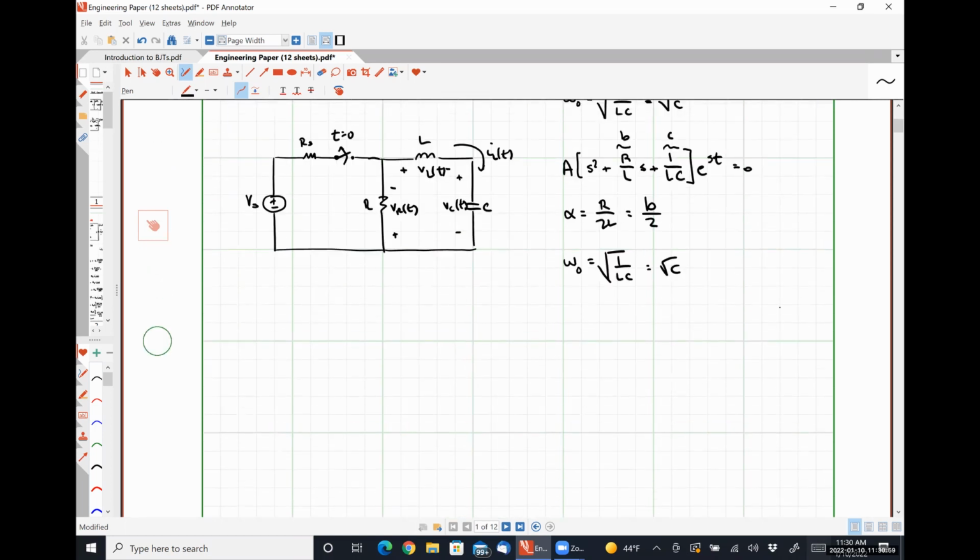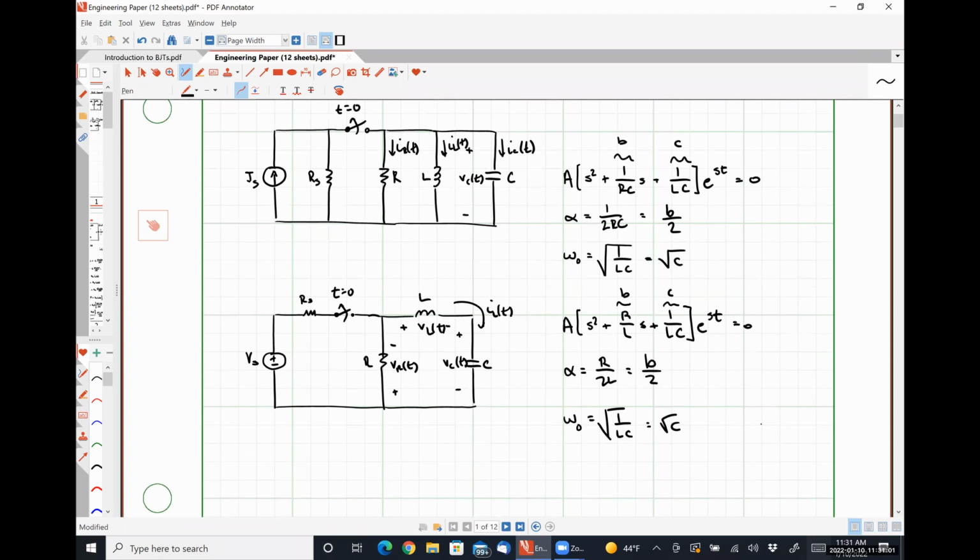What are these, the B and C, what is that? So B is the coefficient of the first derivative term. C is the coefficient of the 0th derivative term. And A, which is 1, is the coefficient of the second derivative term.